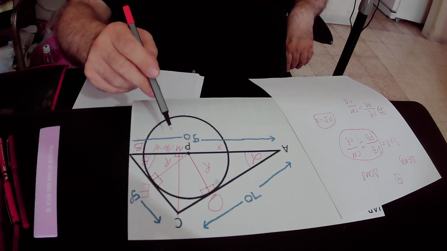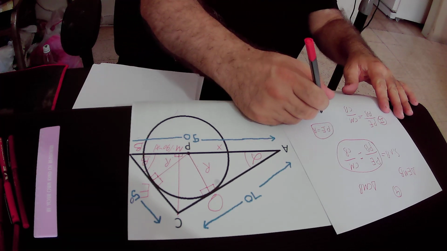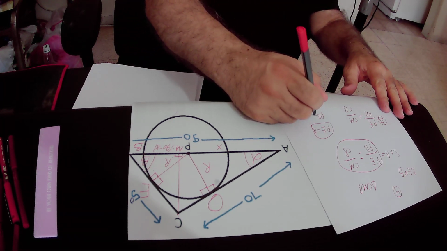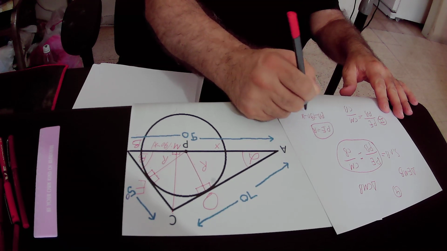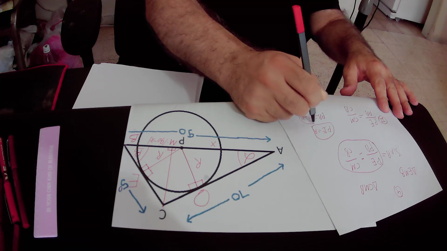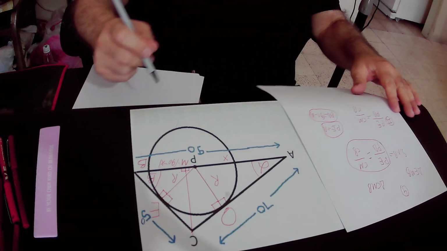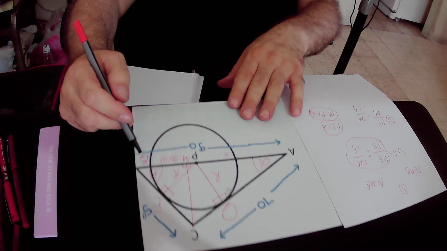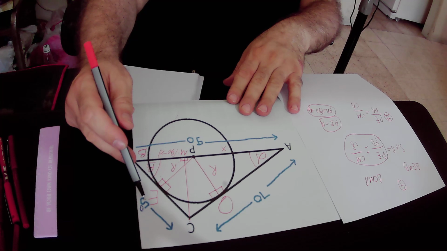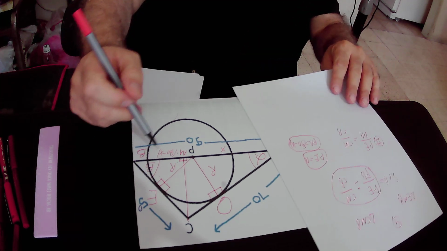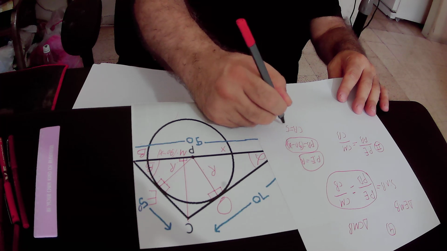So PB equals 90 minus x. And CB is given to us in the question: CB equals 50 units. We write it here.